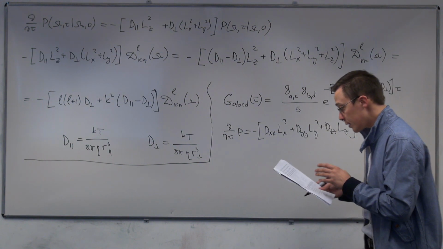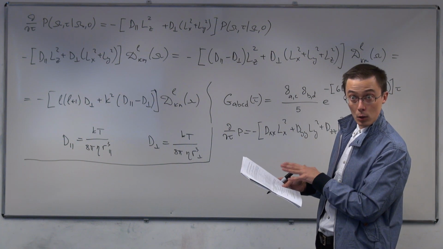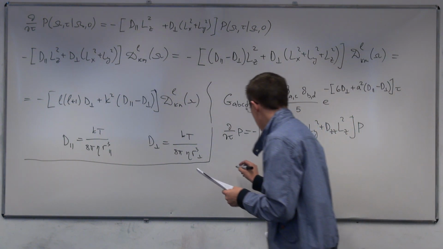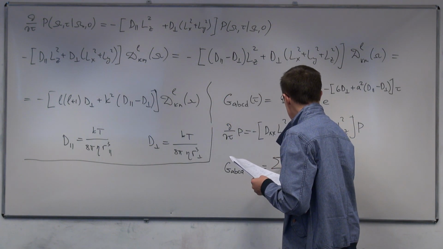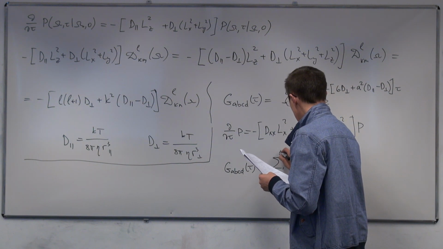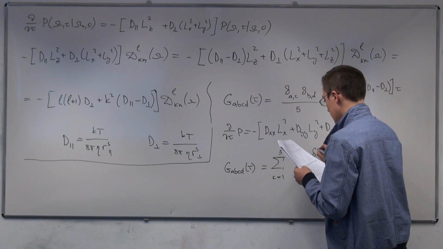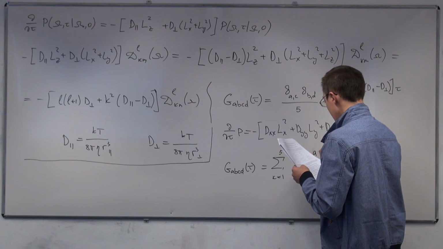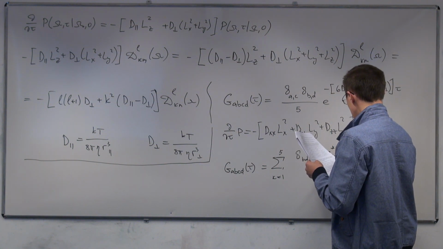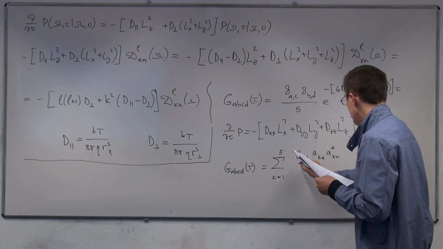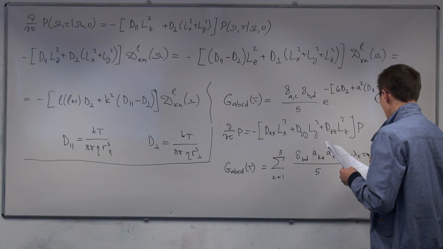So what we eventually get after an absolutely mind-boggling amount of mathematics that is nonetheless still reproduced in your handout is the following expression: G_ABCD of tau now contains a sum over k from 1 to 5 of delta BD, so some things still remain orthogonal, and then A_K A_K star C, so these A's are different from the A's which are indices, divided by 5, times e to the minus lambda_K tau.